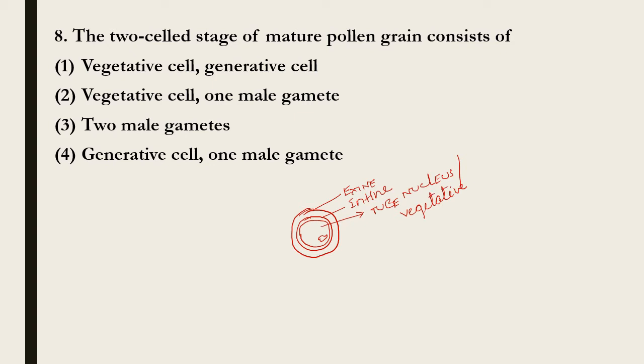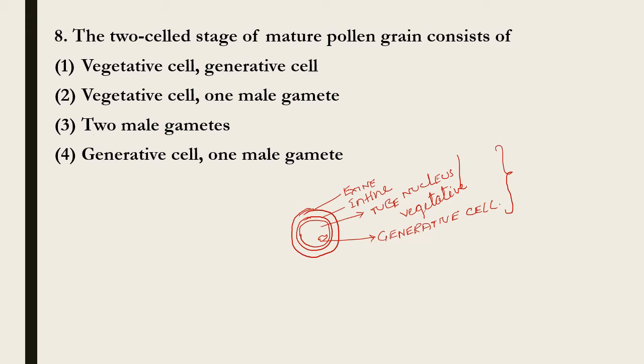Inside this vegetative cell, a small cell floats, called the generative cell, which contains the generative nucleus. So these are the two cells present in the pollen grain.